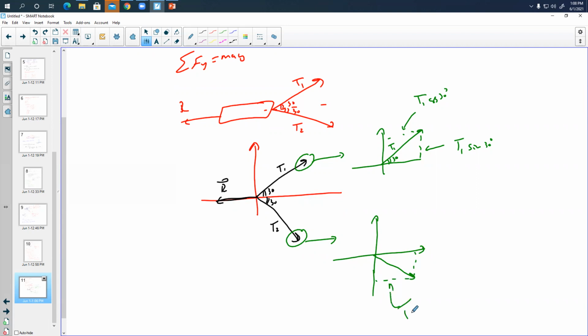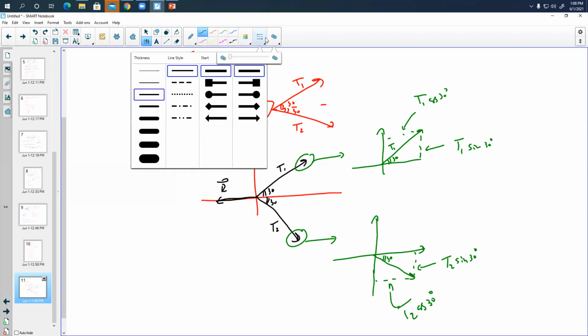This is T2 cosine 30 degrees. Again, this is 30. And this is T2 sine 30 degrees.